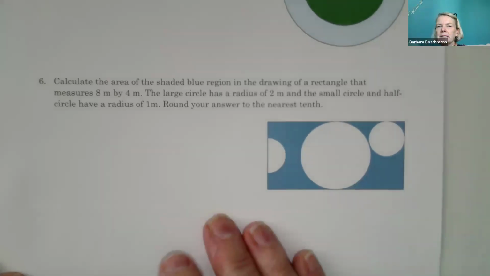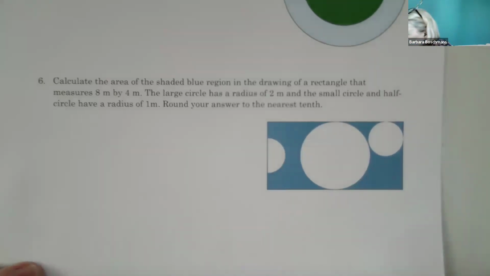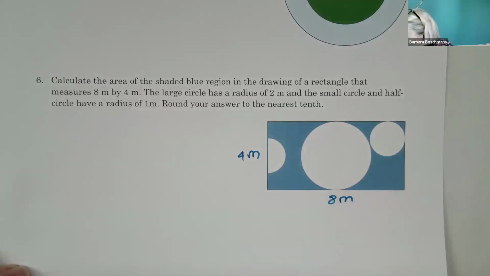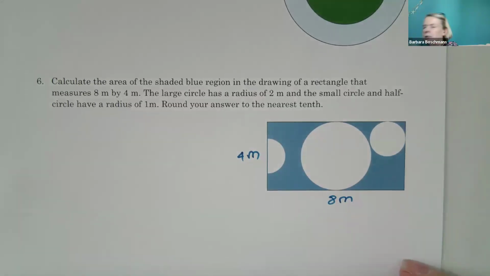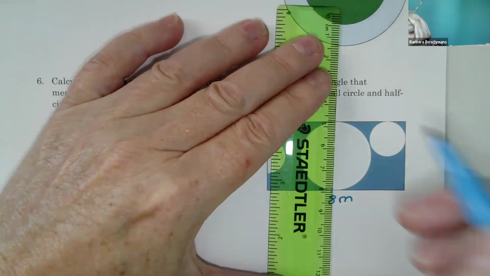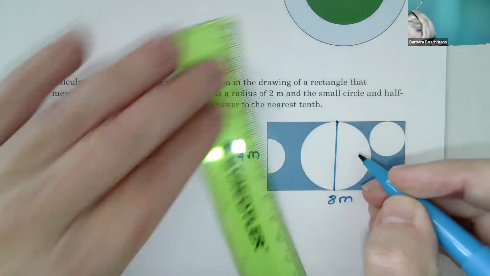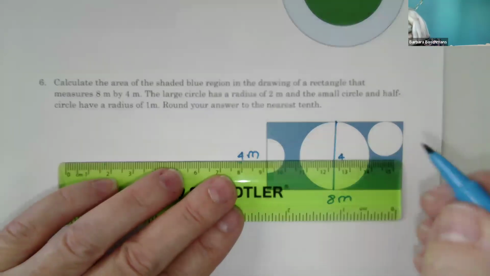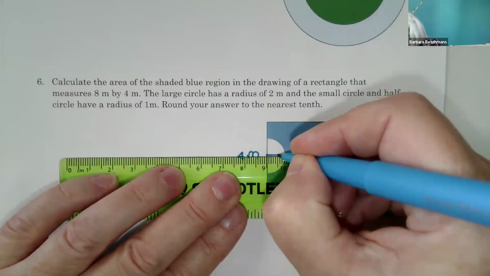Okay. Number 6, you have this picture given, you want to find the blue region or shaded region, and you have a rectangle that is 4 meters by 8 meters. Some things to notice is that the diameter of this circle is going to be 4, or the radius is 2. The small circle and the half circle have a radius of 1.